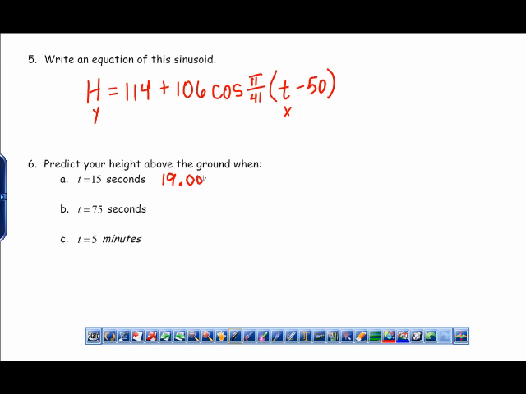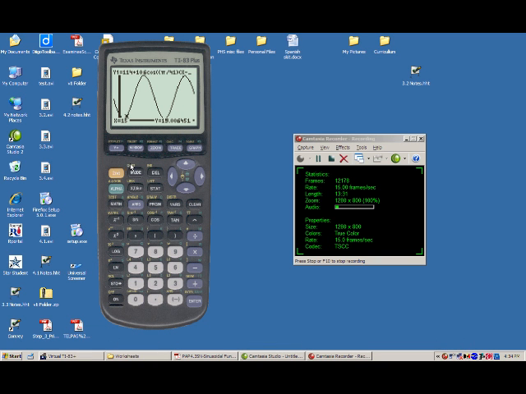How else could you find this? You could go to the table. You could plug it in. So I'd probably want to change my table start to start at 15 just so I wouldn't have to scroll too much. The thing about the table is sometimes you get cut off a little bit, like when I start to see after 21, I may not have the accuracy that I want.